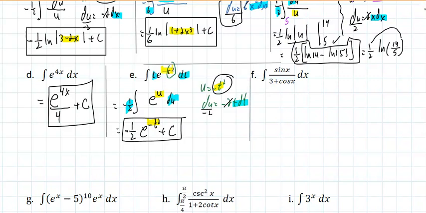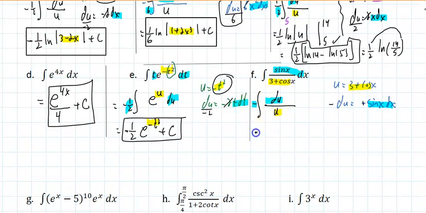Here, it's habitual to let u equal the denominator. So du would be negative sine of x dx. So if I glance at this integral, I notice I let the denominator be u, and sine x dx, I can get that to be a negative du.